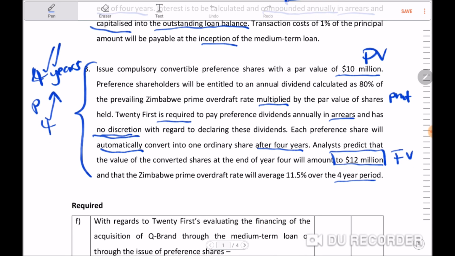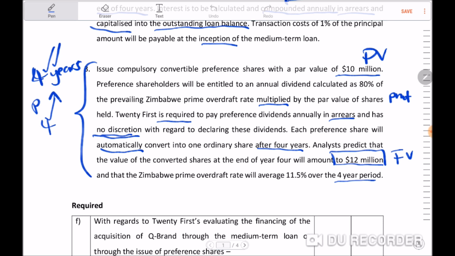And for the preference shareholders now, we are told that these preference shares will automatically convert into what? Ordinary shares. So this likely has an effect on our shareholding structure. So these were some of the things that we needed to consider.